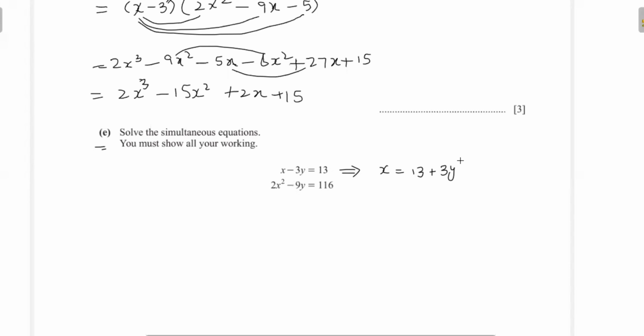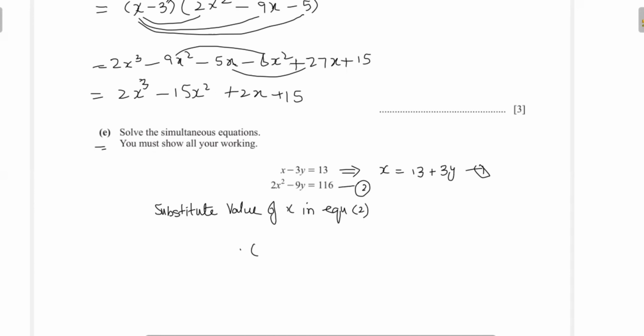We substitute the value of x in equation 2.